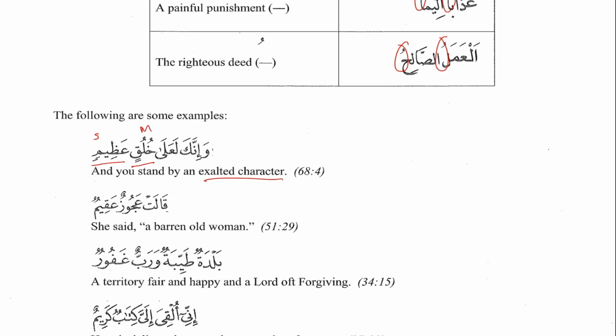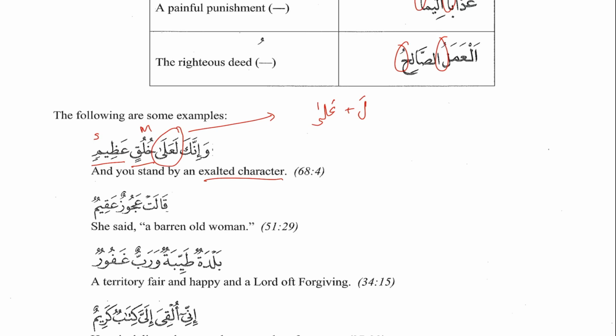So one more thing to be noted here is we have wa innaka la'ala. This lam that is attached here is called lam ta'kid, the lam for emphasis, plus ala. So lam plus ala, la'ala.